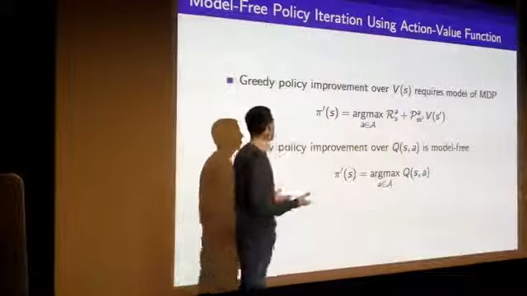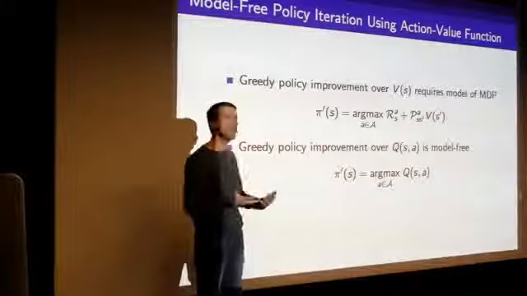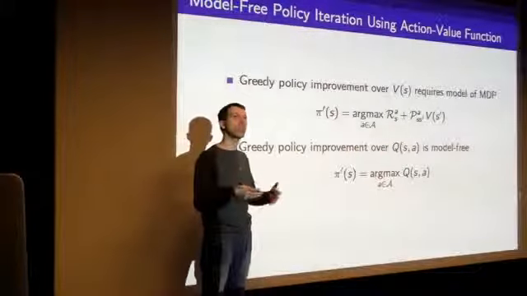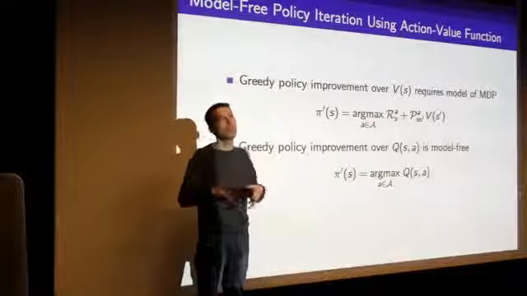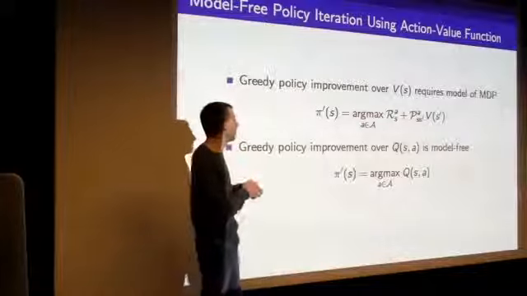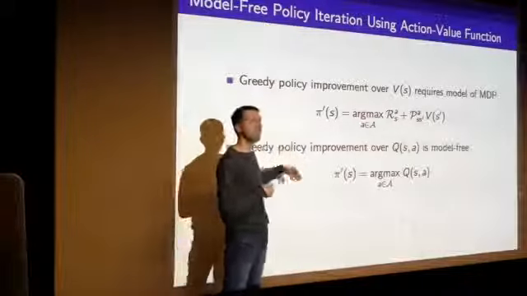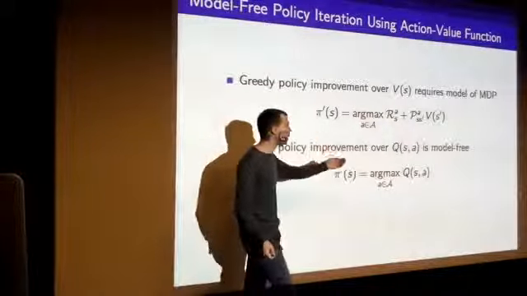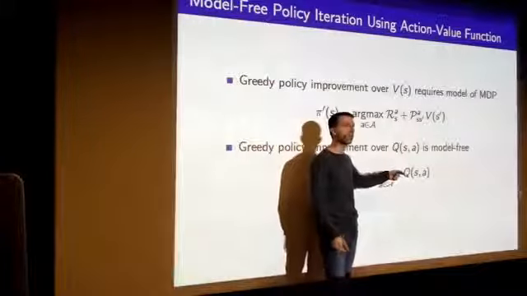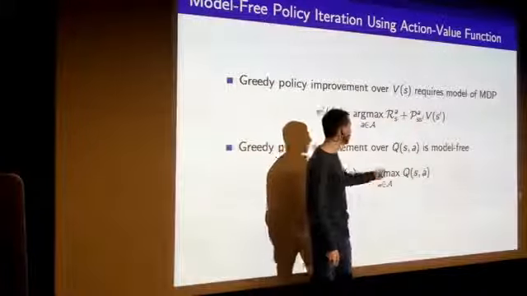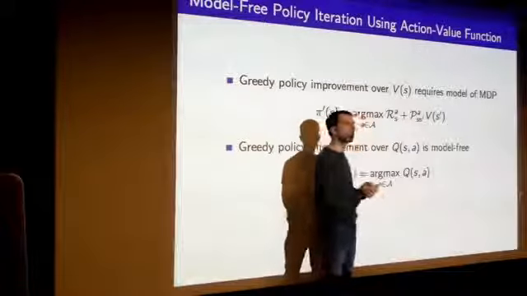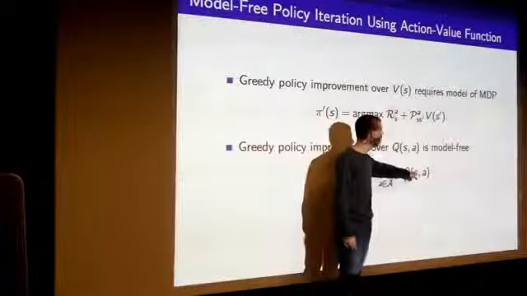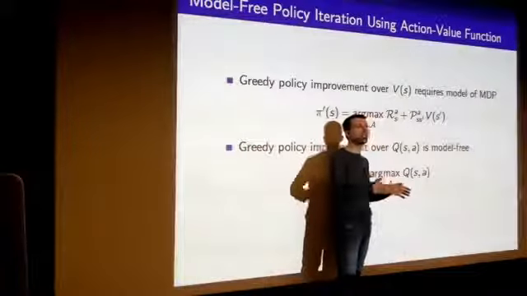The alternative is to use Q, the action value functions. Action value functions enable us to do control in a model-free setting, because we can do policy improvement in an entirely model-free way. If we have Q and we want to do greedy policy improvement, all we need to do is maximize over our Q values. The Q values tell us from each state how good it is to take each different action.